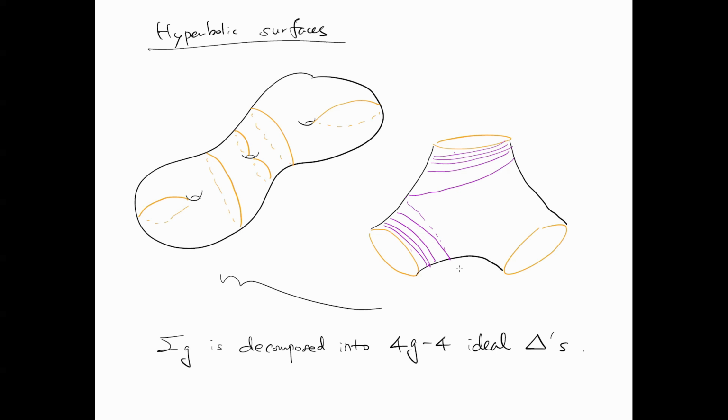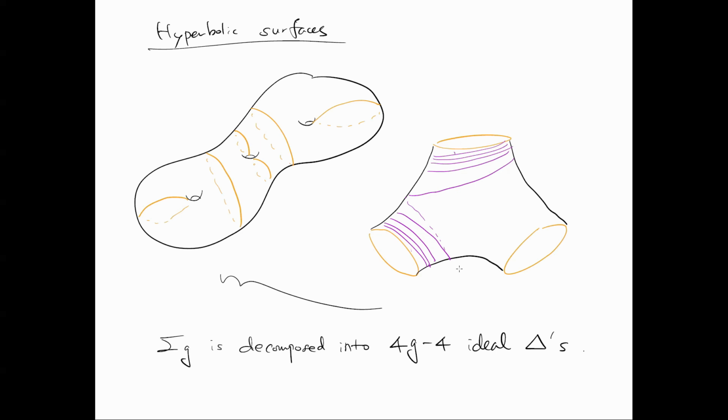Okay? And once you have a pair of pants, it can be decomposed into two ideal triangles. For each pair of boundary components, you can find a bi-infinite geodesic on the surface so that each end accumulates, spiraling toward one of the boundary components.